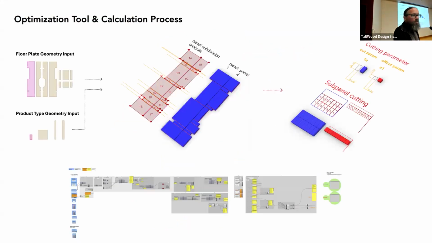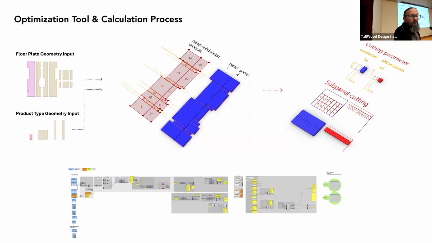So the tool that we developed is primarily in Rhino using Grasshopper, and it takes two inputs: those floor panels coming out of the deconstructed building, and one or more selected product types. It does optimize for cutting path, following each of those options through and using the overall waste percentage and quantity of each of those products as the determining factor for optimization.